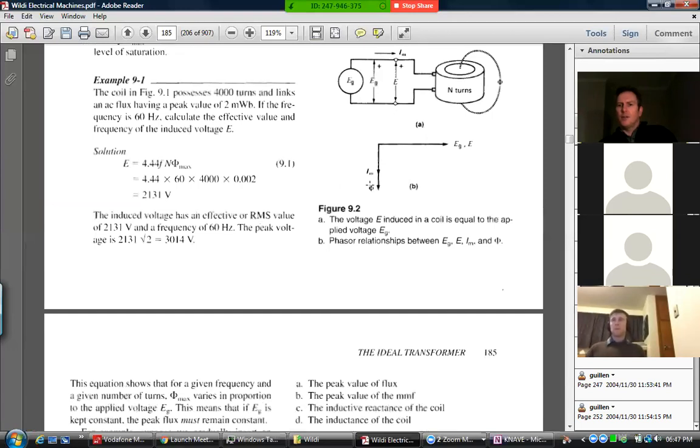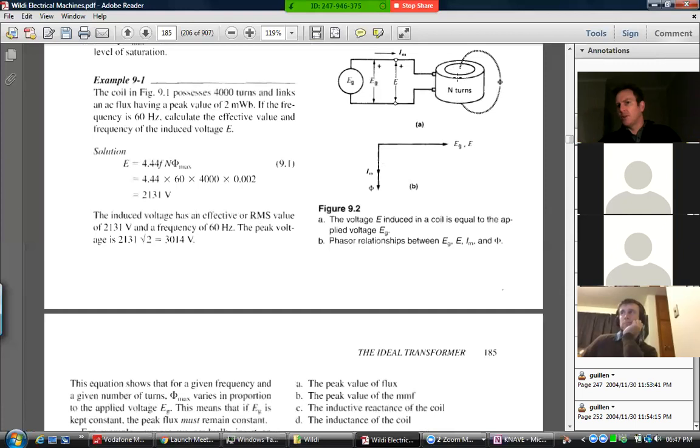So a very good, almost ideal transformer, this vector here, this IM, will start to shrink towards 0 and still allow you to have a nice voltage produced. So a very good transformer won't actually absorb much current for the magnetizing effect. We're not looking at the current drawn due to the load. We're just looking at the current, in this case, for a single coil.